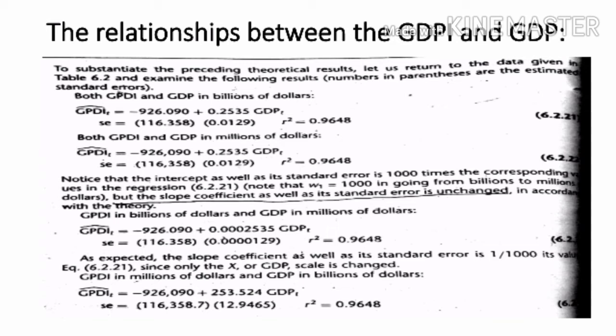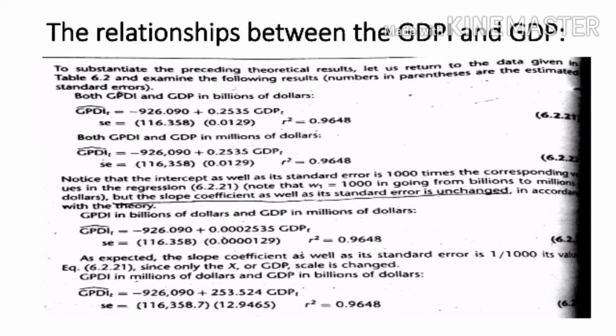You notice that the intercept is 1000 times the corresponding regression. Wi is equal to 1000 in going from billions to millions, but the slope coefficient 0.25 and the standard error are unchanged. The R square is the same.